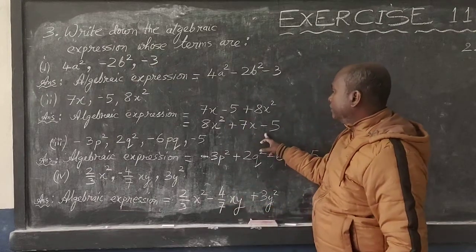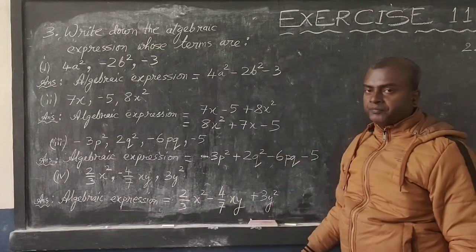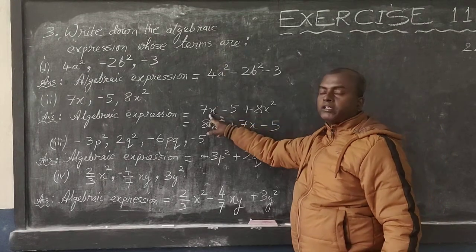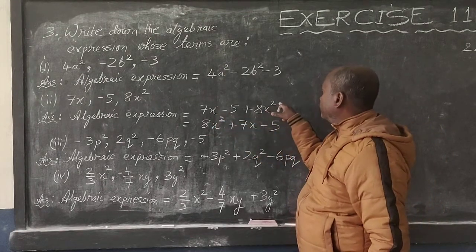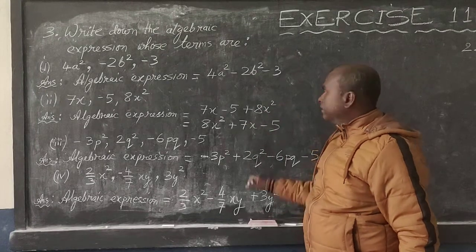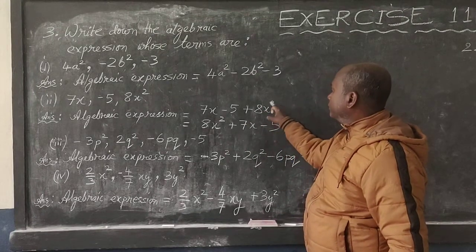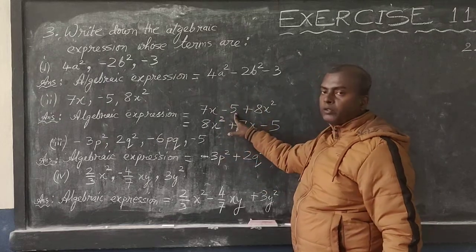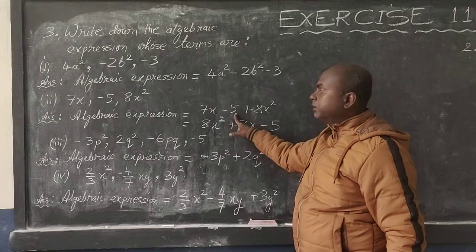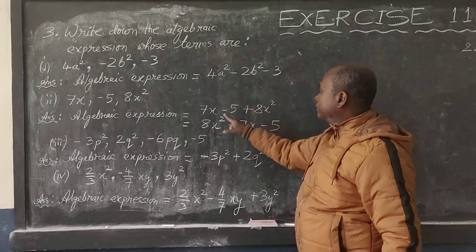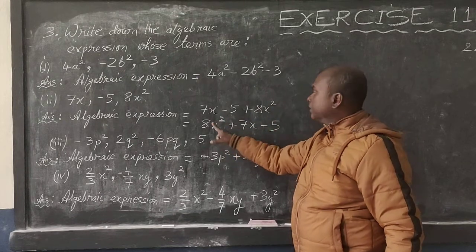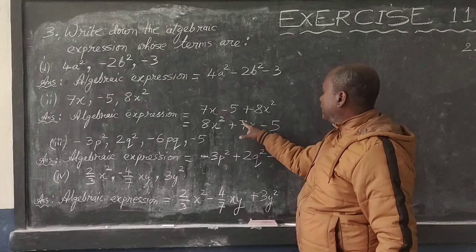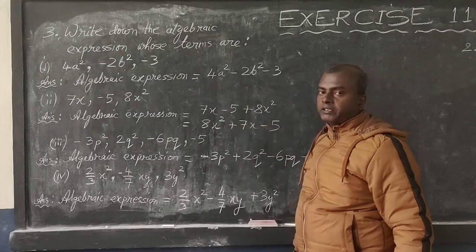Now what I have done over here, I have arranged them according to the value of the powers of the variable. x square, here x has no power, meaning one power is there, and here no x only, so no power. So the highest power I have written first, then followed by the second highest power of x, and last I have written minus 5.